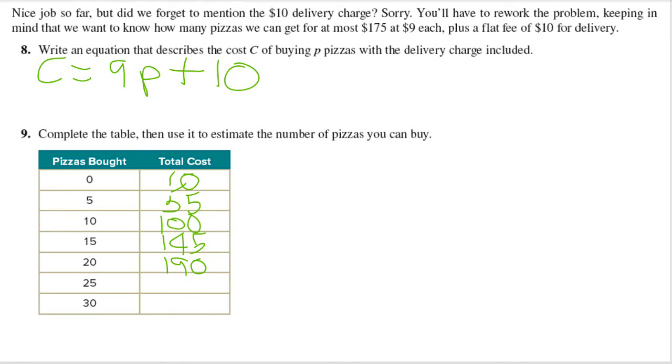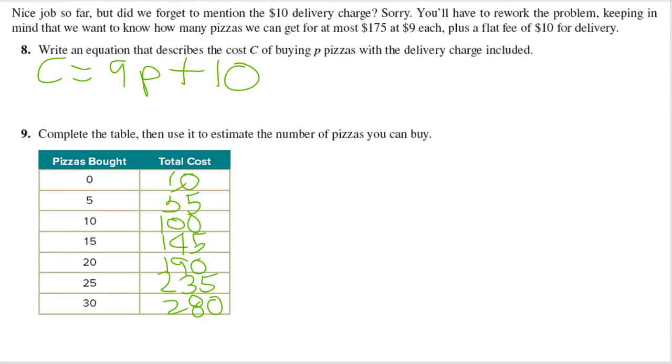And you'll notice every time, doesn't matter how many pizzas we order, they only charge $10 for the delivery. Okay. So 25 pizzas, that's $45 more, 225 plus 10 for the delivery, 235, and then 30 pizzas was 270. With the delivery charge, it's going to be 280.